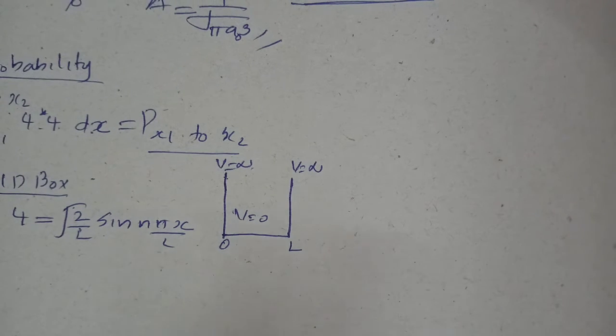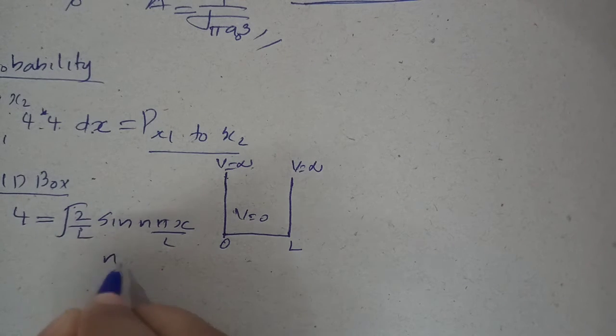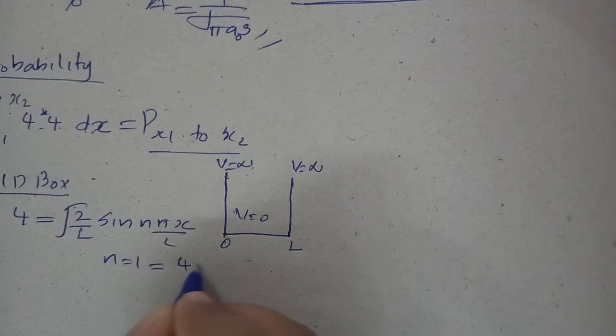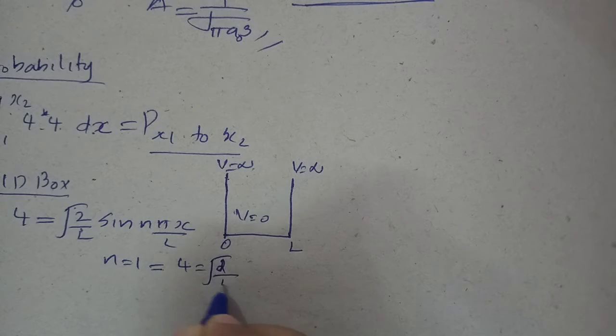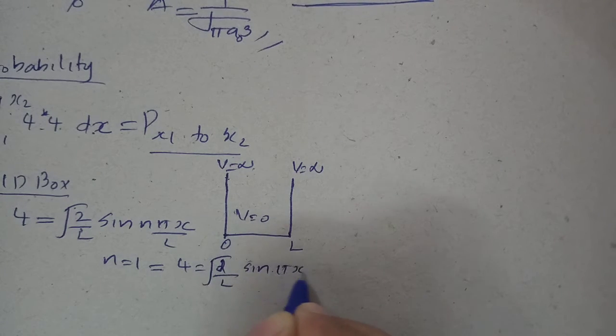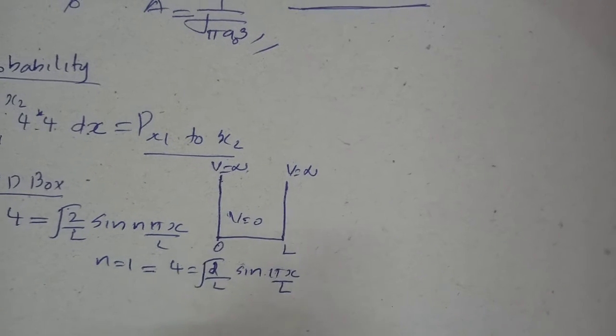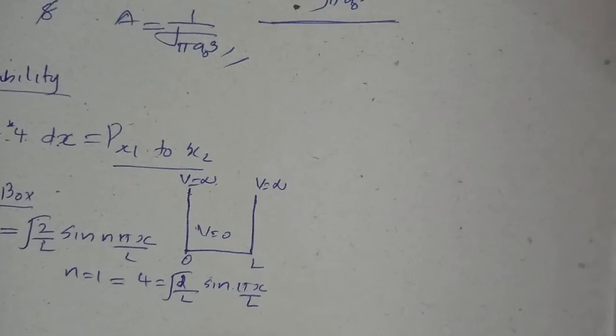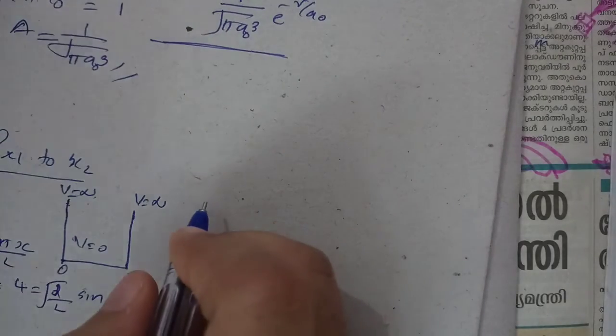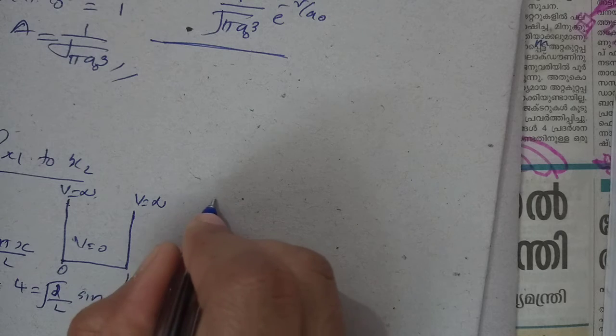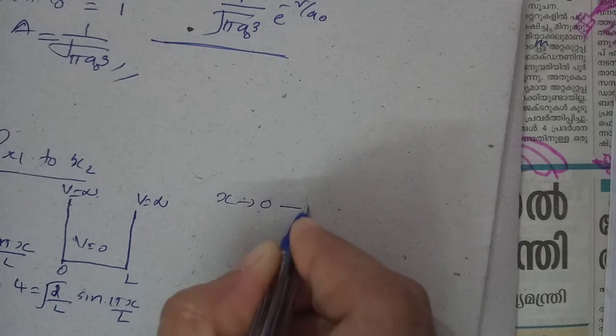For the ground state n is equal to 1, so psi is equal to under root 2 by L sine pi x divided by L, and we have to find the probability for x equal to 0 to L by 2.